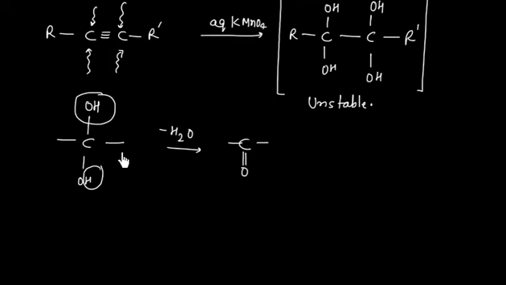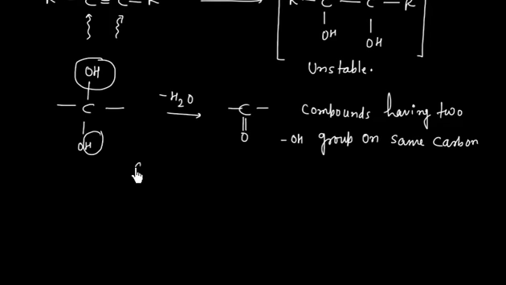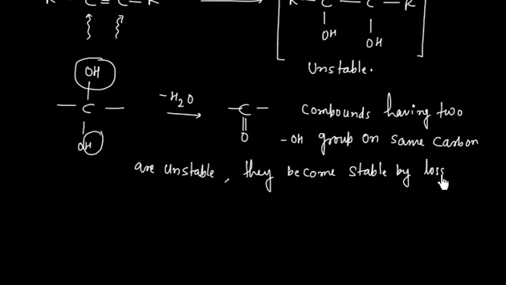So compounds containing two OH groups on the same carbon are unstable, and they become stable by losing one molecule of water.